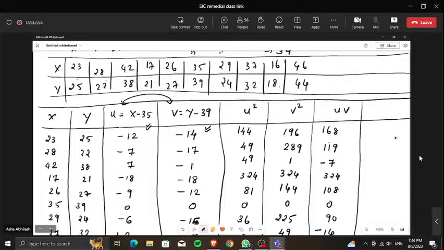Yes or no? In that, X and Y, we have to remove X minus X bar. Here you have X minus assumed mean, Y minus assumed mean. That is your U and V. In actual mean, it is your x and x bar, but when you're calculating that, your formula will be 1 by n into summation xi yi minus x bar y bar. Instead of ui vi, here you have xi yi.